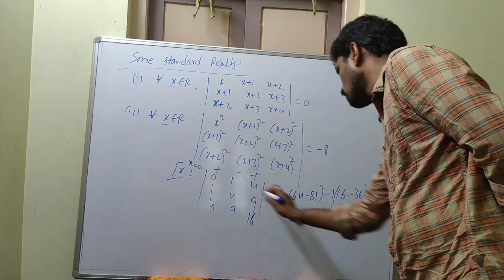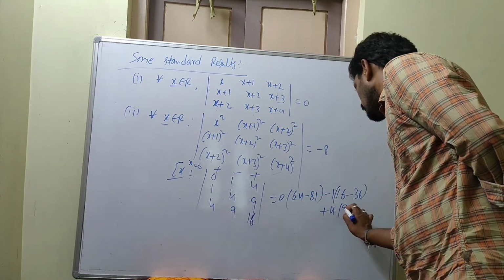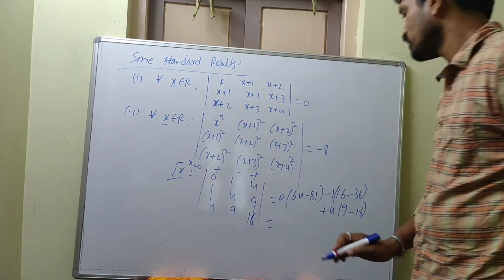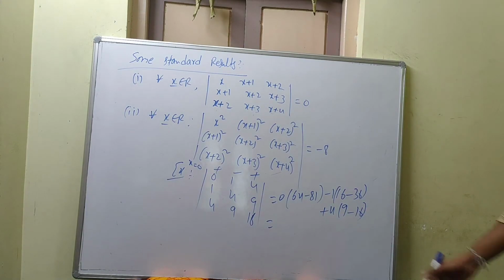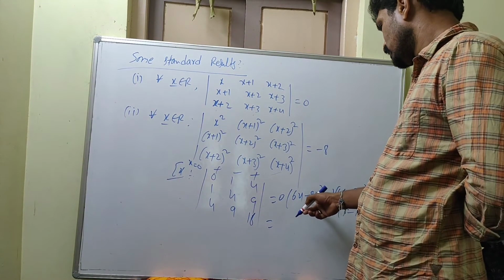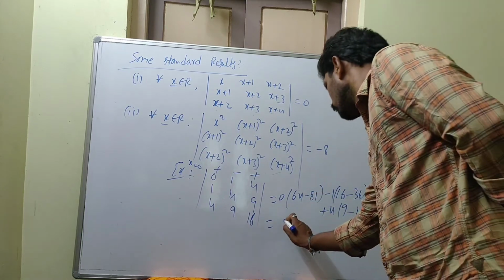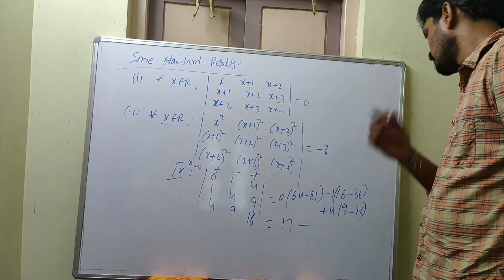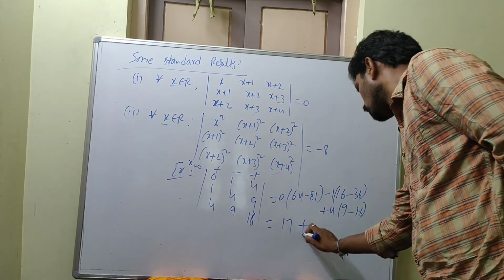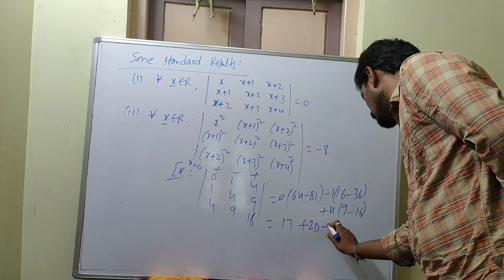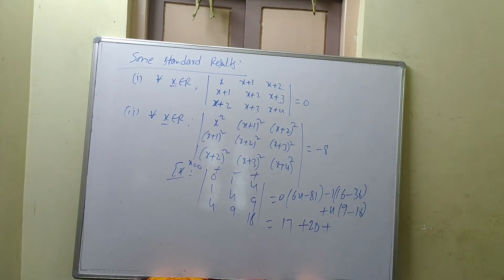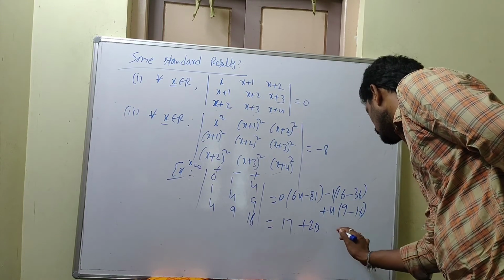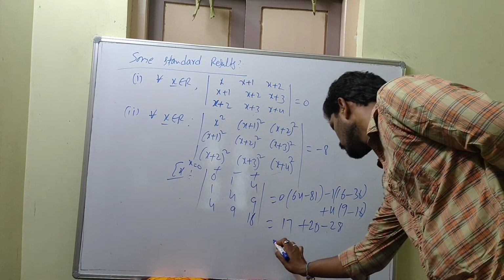Plus 4 into, leaving the row and column passing through 4, 1 9s are 9 minus 4 4s are 16.